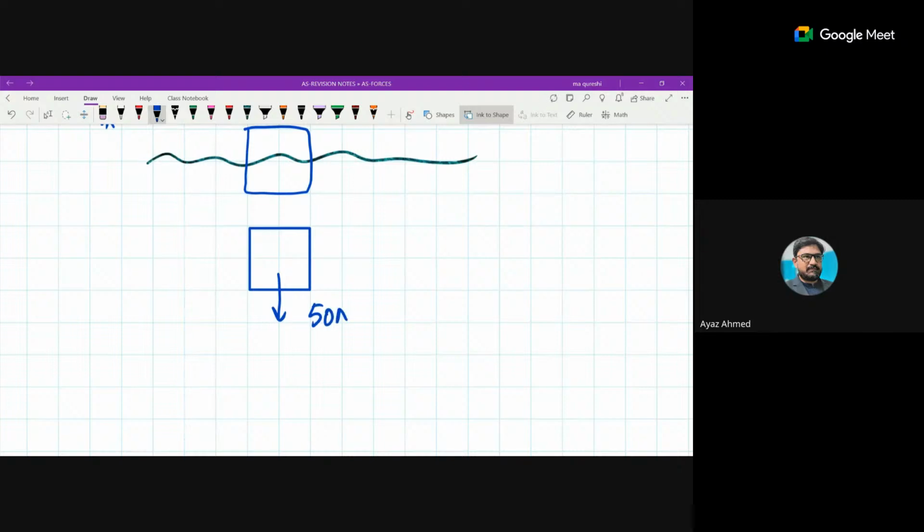Its weight was 50 Newton, the viscous drag was 20 Newton, and upthrust is the biggest force here, let's say 40 Newton. So what tension is required to pull it up at a constant speed?